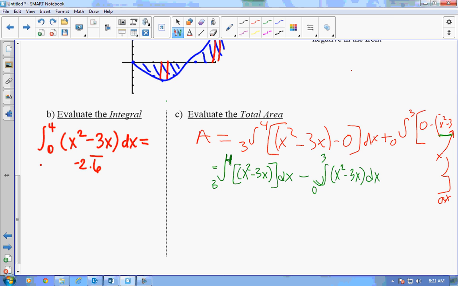And those parentheses are important because it should all be times dx. Okay, what did you get for this integral? Equals 1.83 repeating minus that integral, negative 4.5. So with both of them minus and negative, we get a plus.